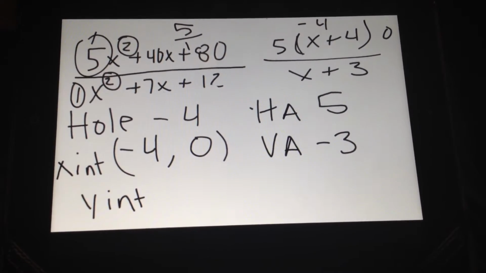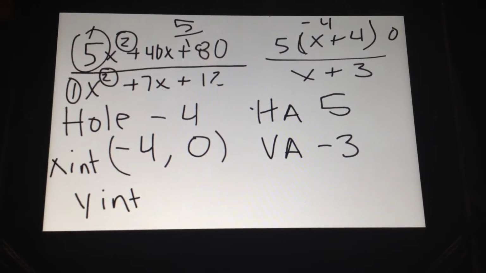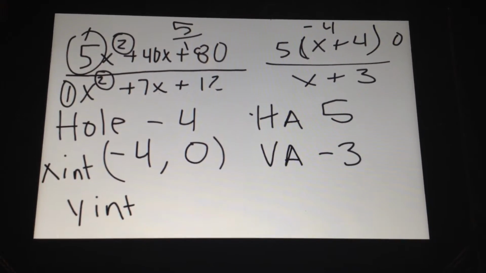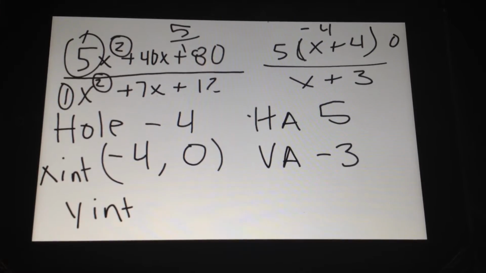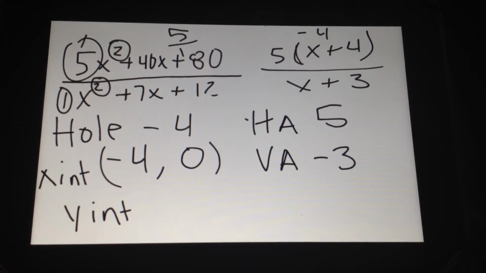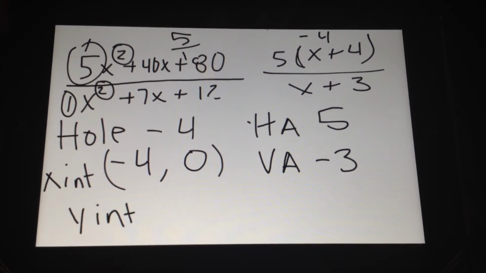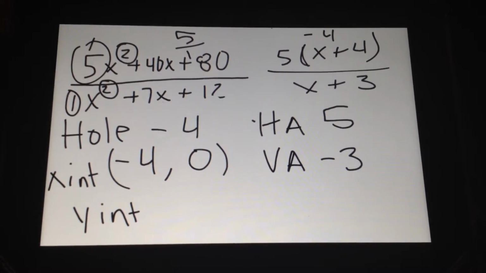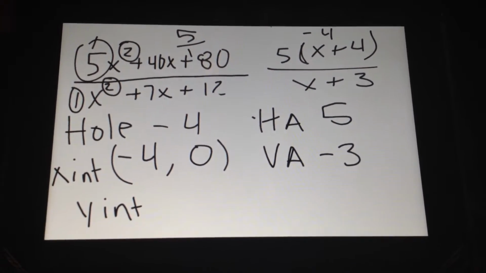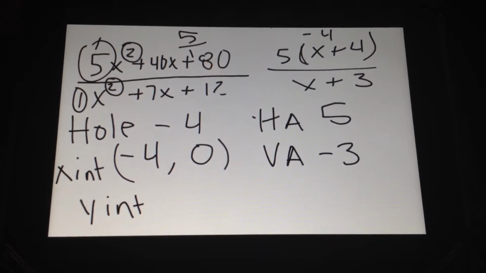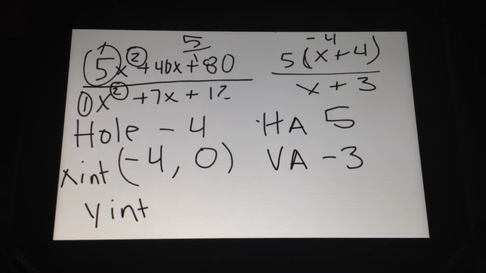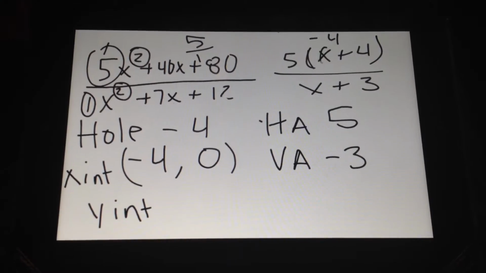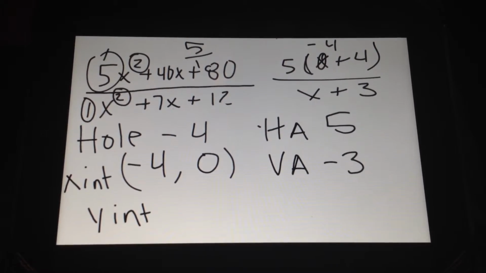Now to find the y-intercept, you need to put 0 in for x on the top and on the bottom, and then solve it and put it as a fraction over each other. So you go 5 times 0 plus 4.